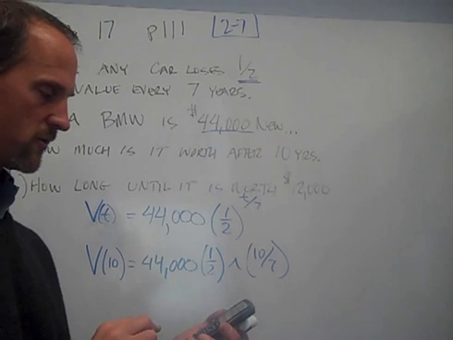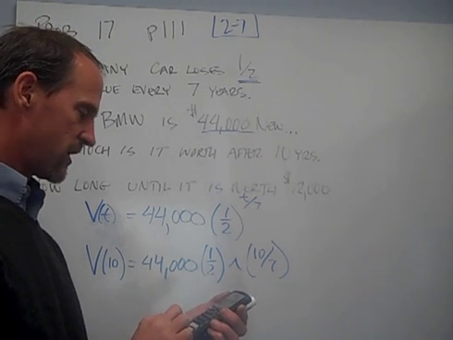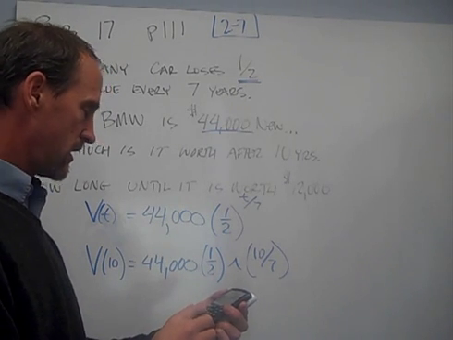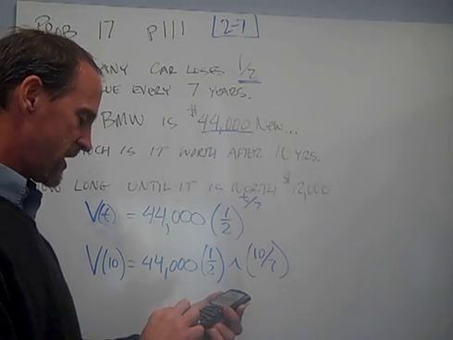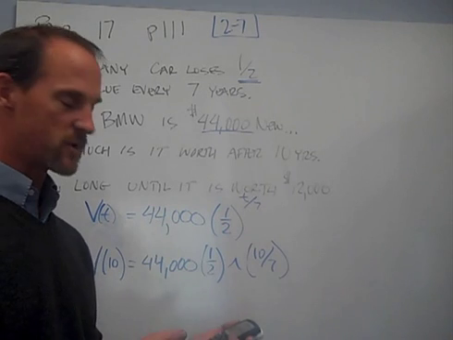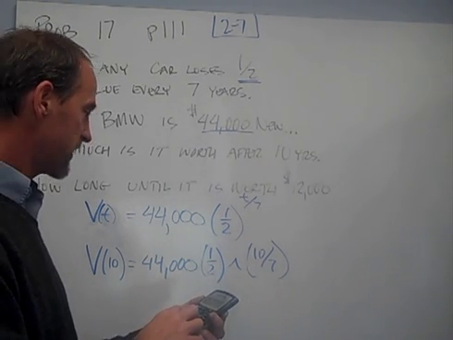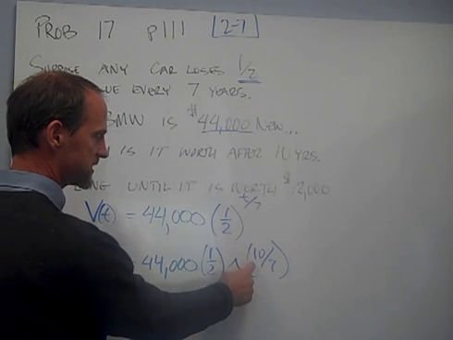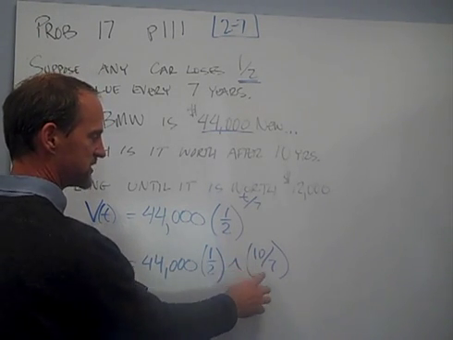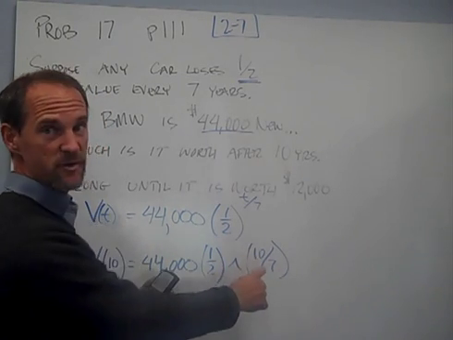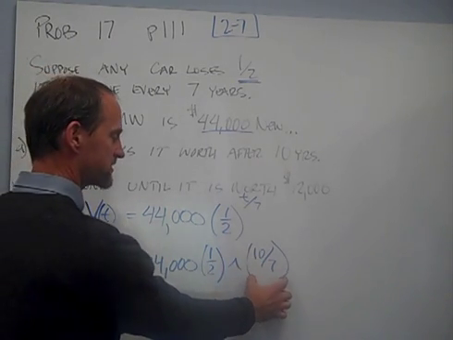Alright, so I say 44,000, and then I'm going to multiply that by 0.5, or you can use 1/2, whichever is easier for you. And then I'm going to raise that. Don't forget parentheses, because if I just raise it to the 10th power without parentheses, then I'll get the wrong answer, because we do exponents first, and then we would divide by 7, whereas I want this to be divided first.